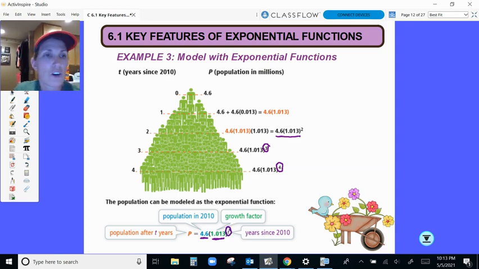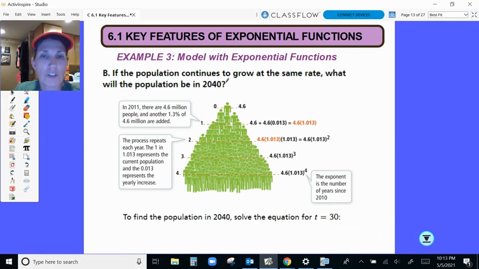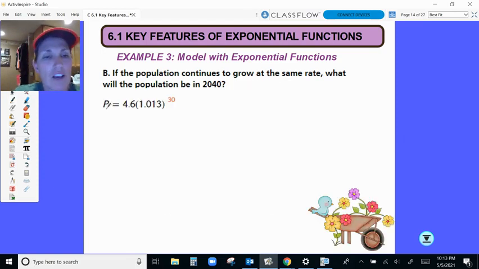If the population continues to grow at the same rate, what will the population be in 2040? Well, we started in 2010, so we subtract 2010 from 2040 and get 30 years gone by. That's how we end up with time equals 30. So we plug that 30 into our equation. Our population is going to be 4.6, our starting population, times our growth factor to the 30th power.